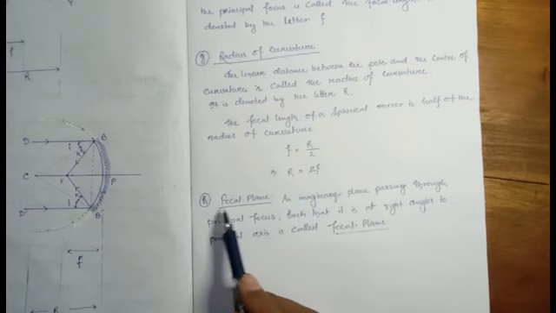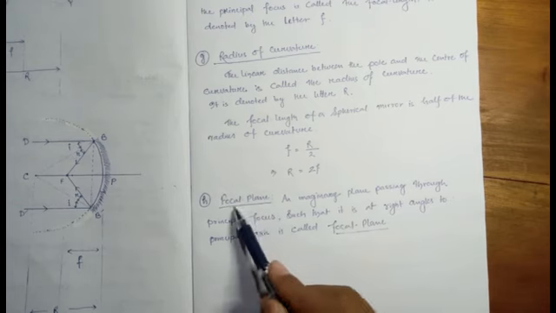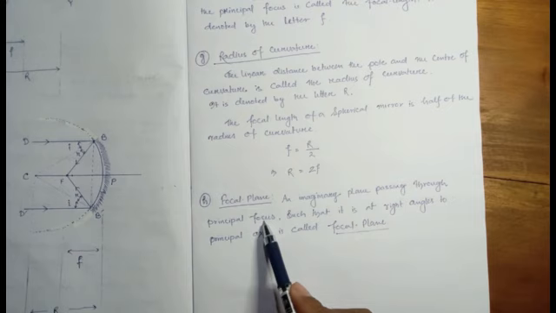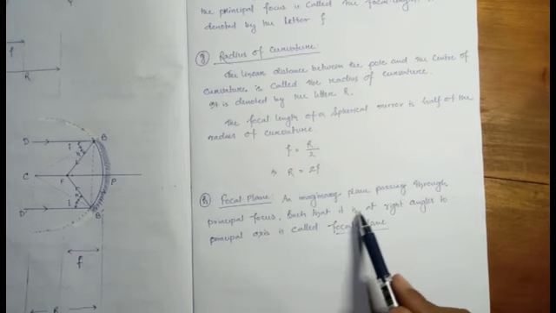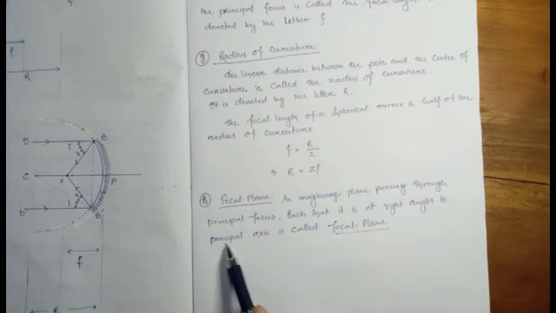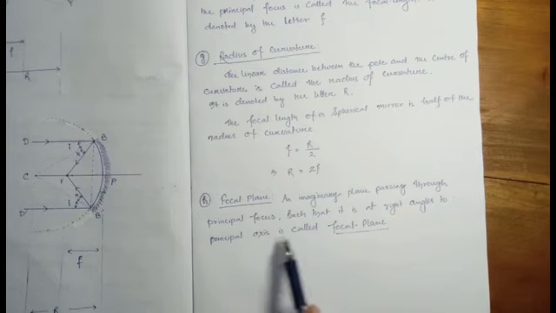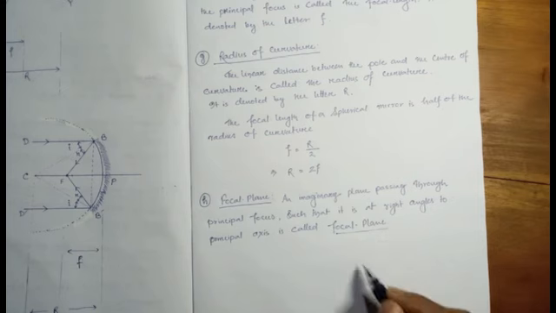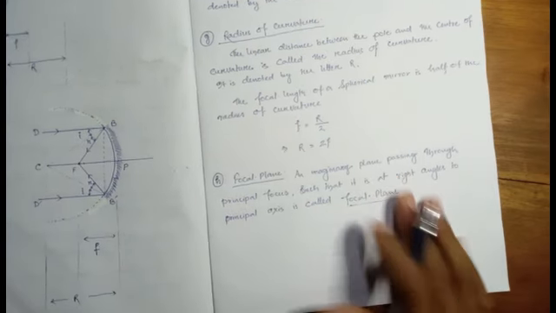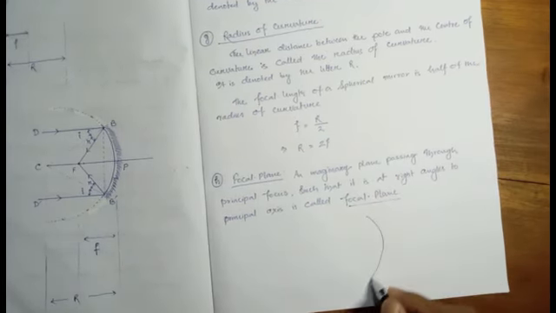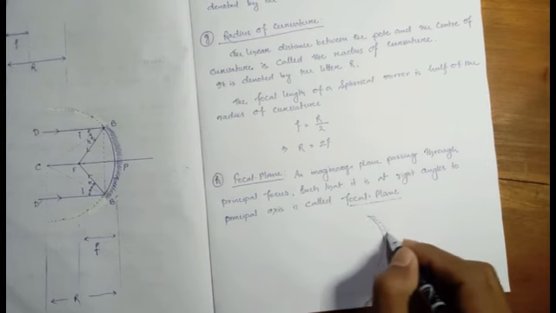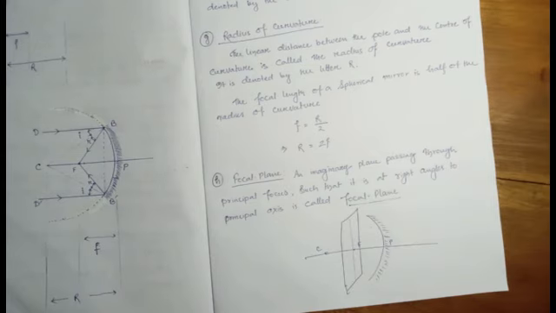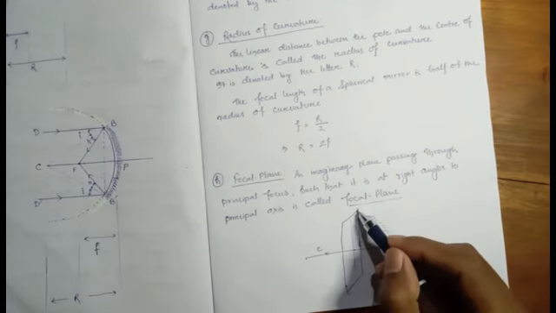Next, number I is focal plane. What is focal plane? An imaginary plane passing through principal focus such that it is at right angle to the principal axis is called focal plane. So this is an imaginary plane. Suppose I am drawing here, you can see, suppose this is your concave mirror, and here this is a plane.